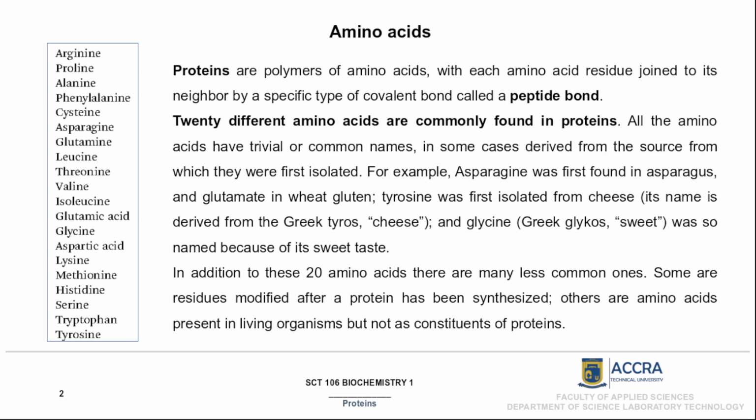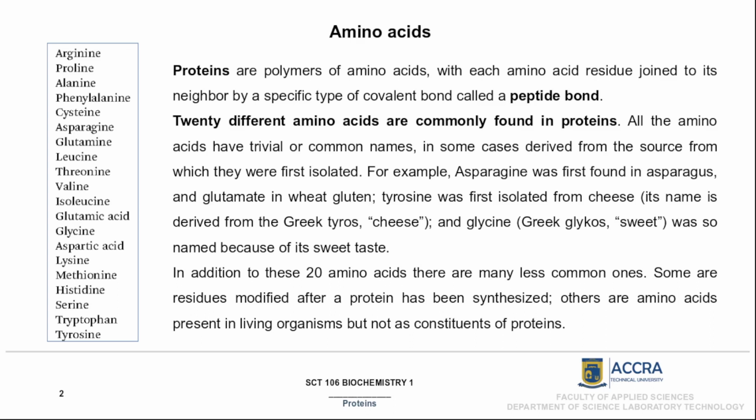There are 20 different amino acids found in proteins. All the amino acids have trivial or common names, in some cases derived from the source from which they were first isolated. Asparagine was first found in asparagus, and glutamate in wheat gluten.